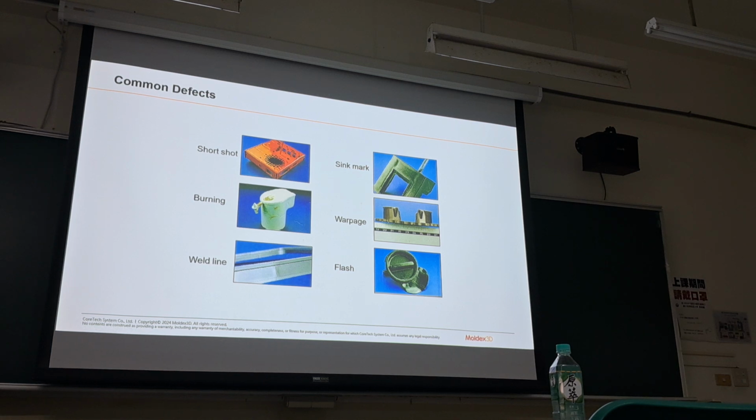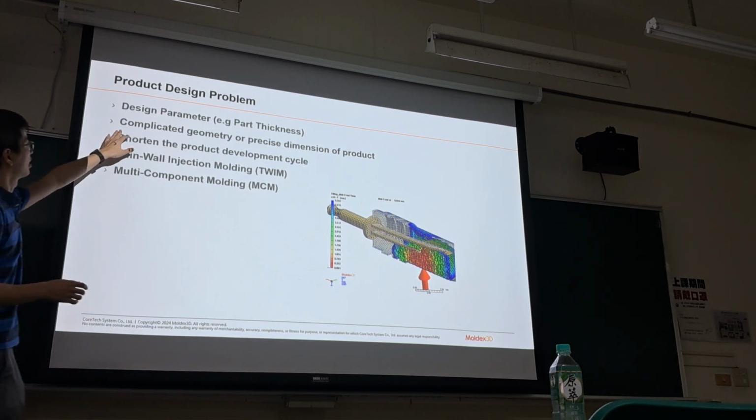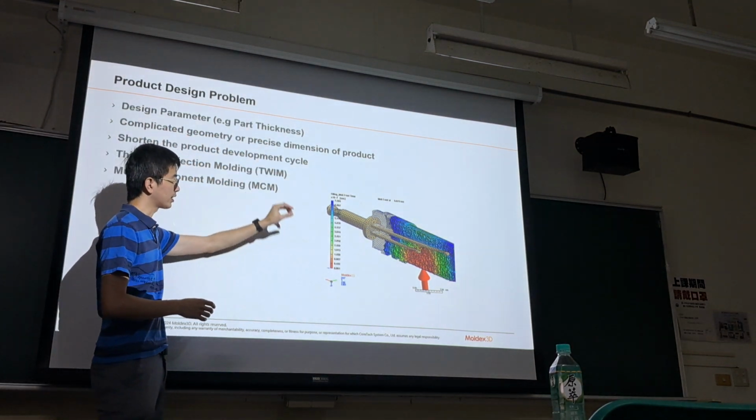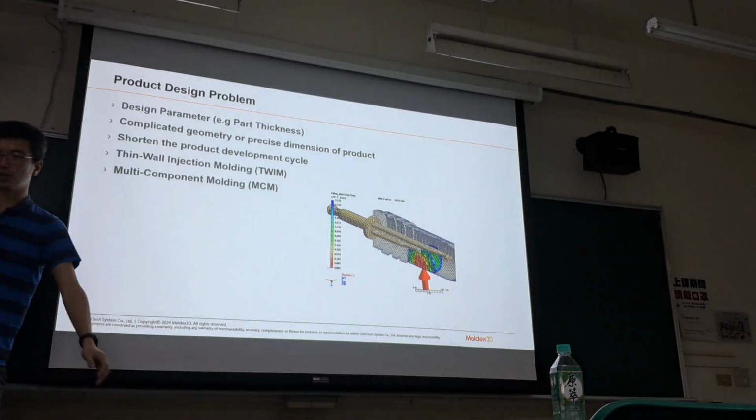The size or the shape is changed, so you may have a warpage. And for the product design, as I mentioned earlier, we need to decide the thickness and the geometry shape.